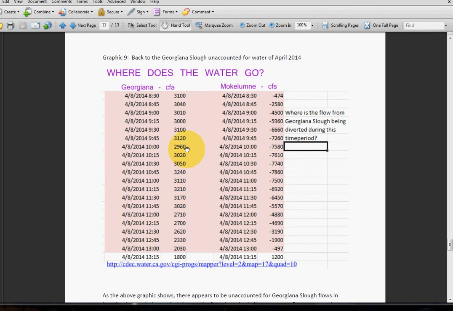You see that water is flowing into Georgiana, but down at the bottom end you have the negatives, and that's because there's tides and it's backflowing into the Mokelumne. Where's this water going? It seems like something's being pumped out, and it's drawing even more water. You see this drawing in of water into the Mokelumne, like drawing it up towards Georgiana.